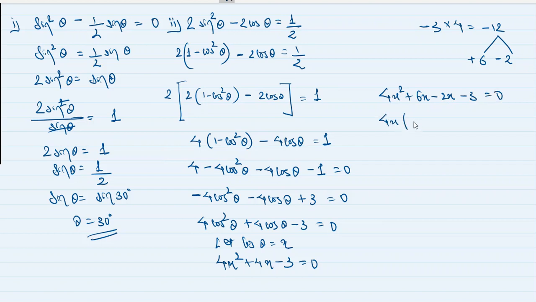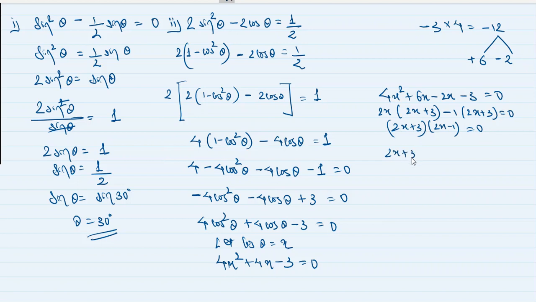So 4x bracket 2x, hey, we can't take out 4x common. We can just take out 2x common. So 2x plus 3 minus 1, 2x plus 3. So 2x plus 3 bracket 2x minus 1 is equal to 0.